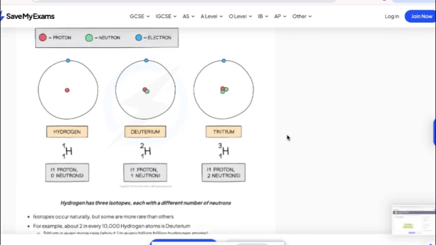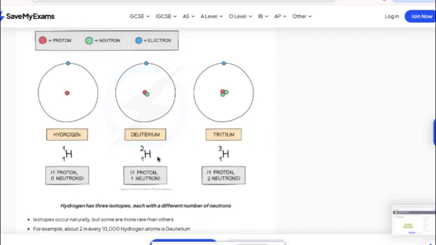We already showed those characteristics. Now you can see hydrogen exists in three different states. The first one has proton number 1 and mass number 1. This one is called the hydrogen atom. When you have one proton and mass number, or nucleon number, 2, this is called deuterium. Hydrogen in three different isotopic forms: hydrogen, deuterium, and tritium.